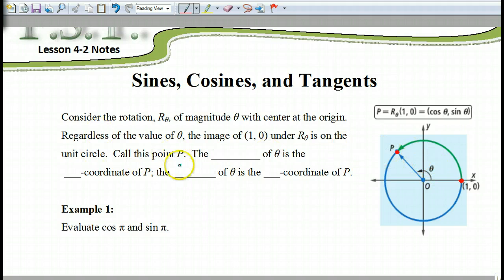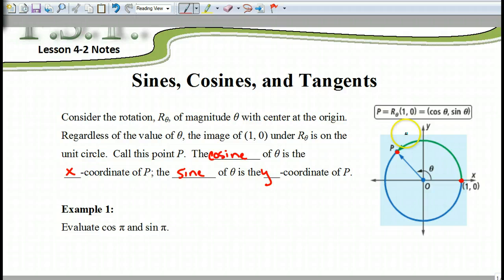So this is point P. The x value right here is the cosine of theta. The sine of theta is the y-coordinate of P.